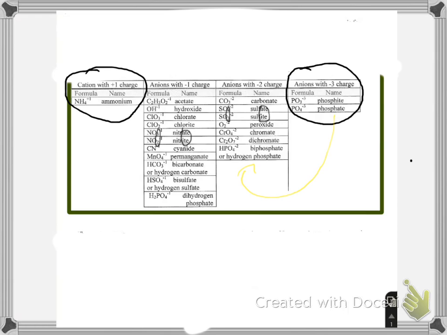So that's a good thing to remember. Also, definitely remember their charge. Of the ones with ate and ite, only sulfate is -2, and chlorate and chlorite and nitrate and nitrite, they're -1. So that's not that bad to remember.